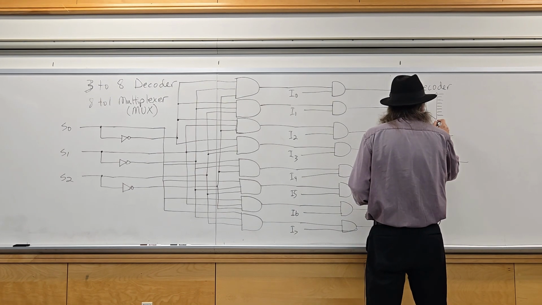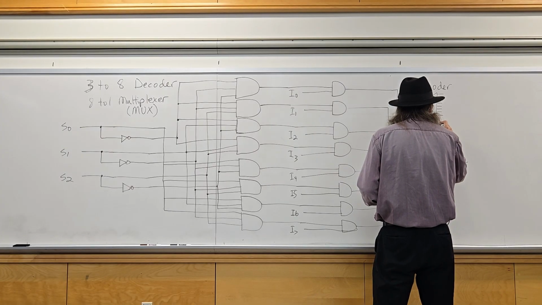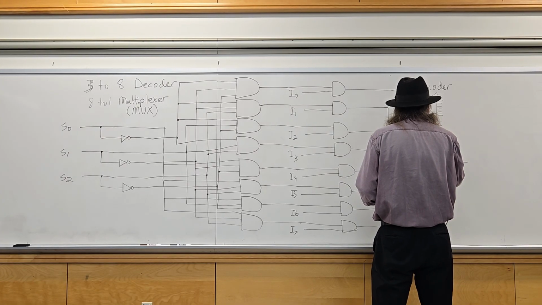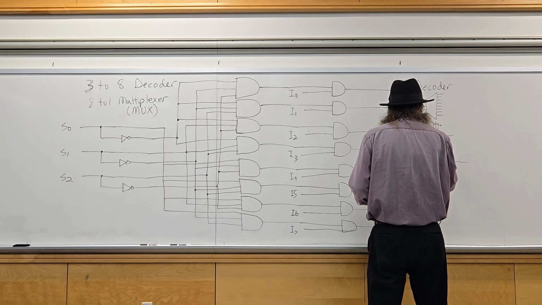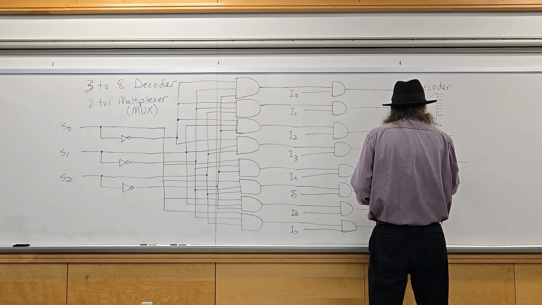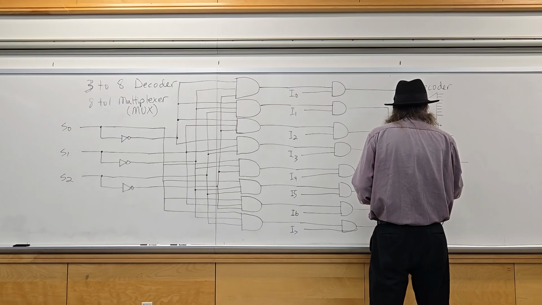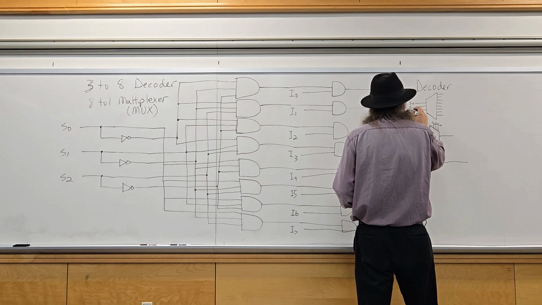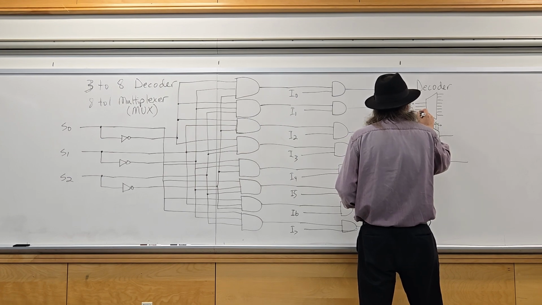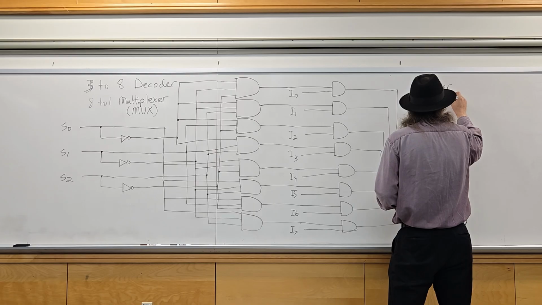So you have S0, S1, S2, I0, I1, I2, and then the output.